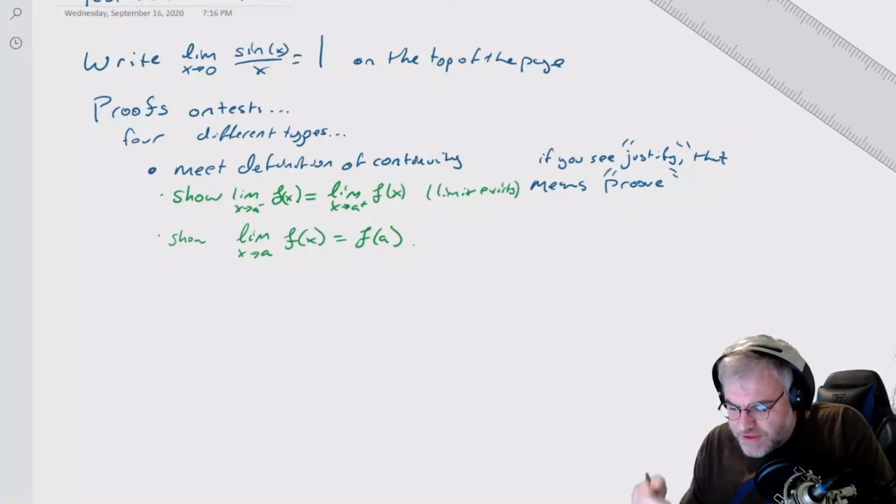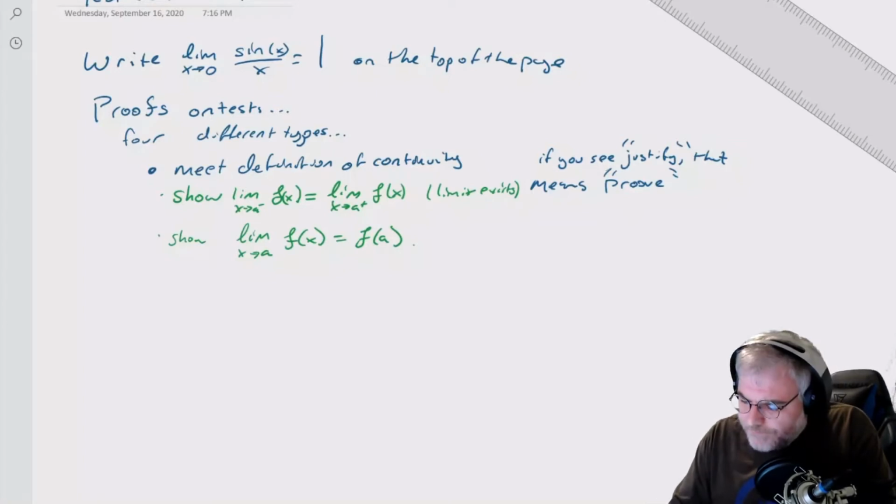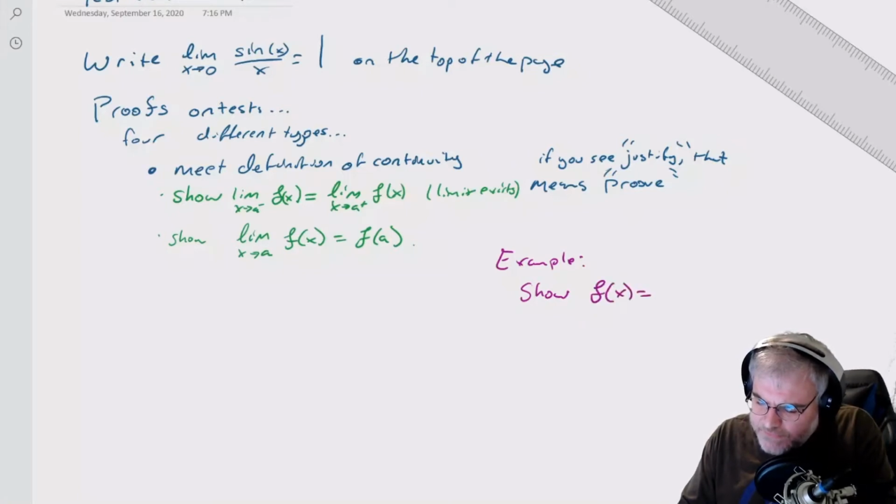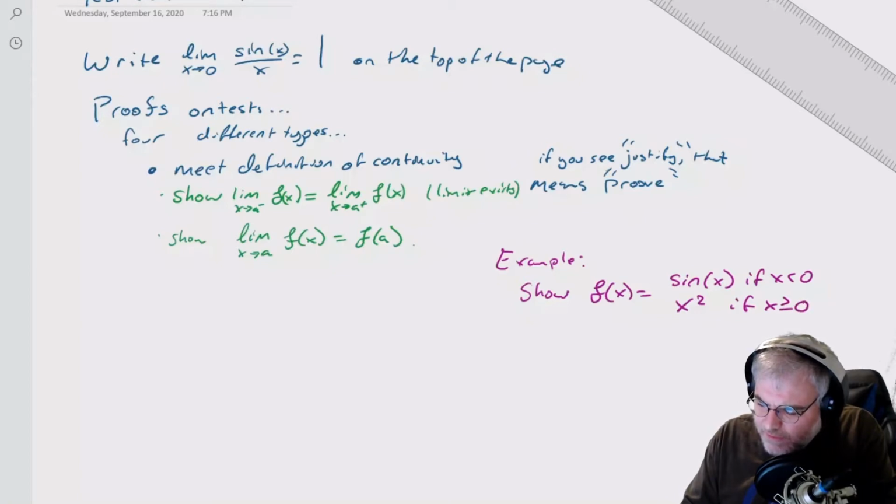And the strategy is just to, right? So if I've got this problem here, for an example, show f of x equals cosine of x if x is less than 0, and x squared plus 1 if x is greater than or equal to 0 is continuous.